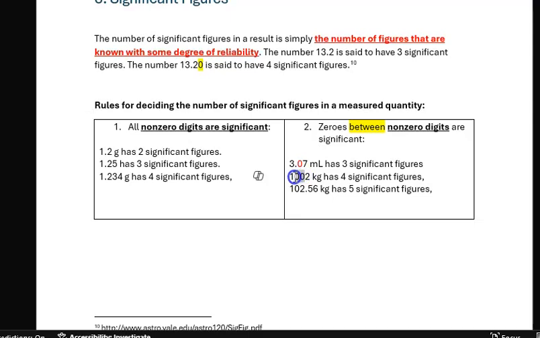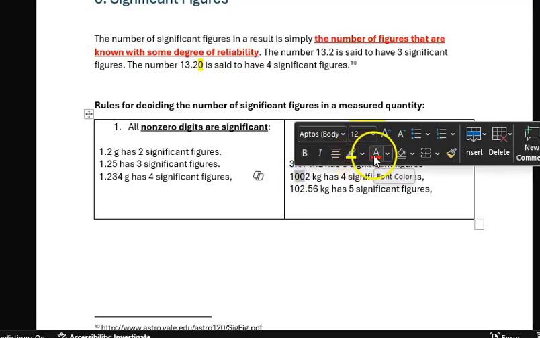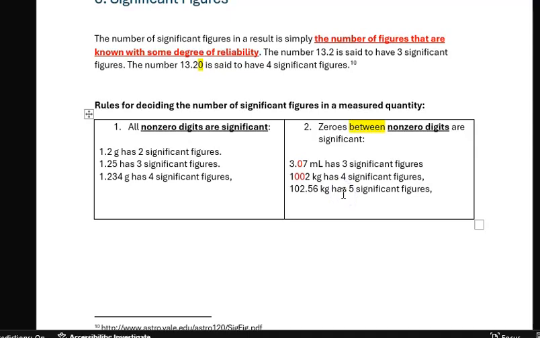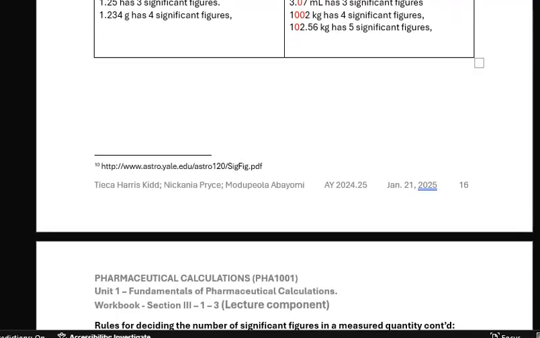The zeros between the 1 and the 2 here, to read 1,002 kilogram, has 4 significant figures, because the 0 falls between 2 non-zero digits. 102.56 kilogram has 5 significant figures, again because the 0 falls between 2 non-zero digits, which is the 1 and the 2.